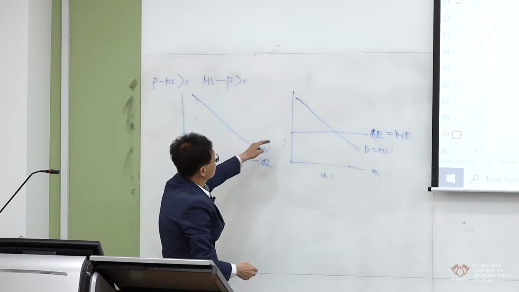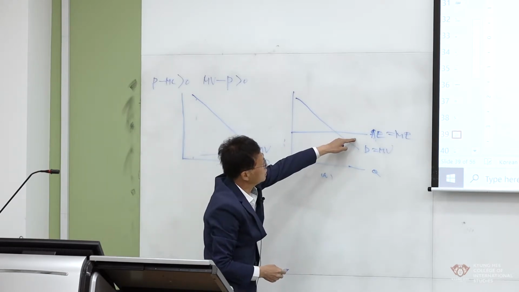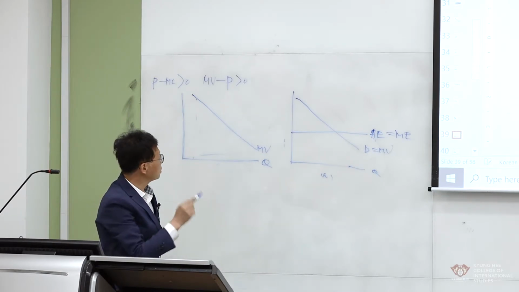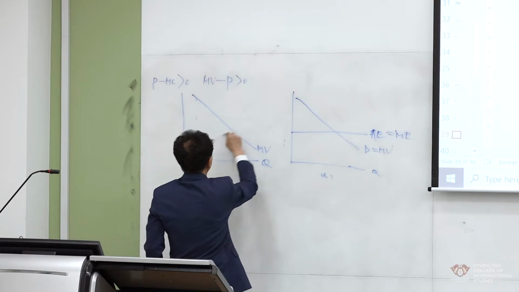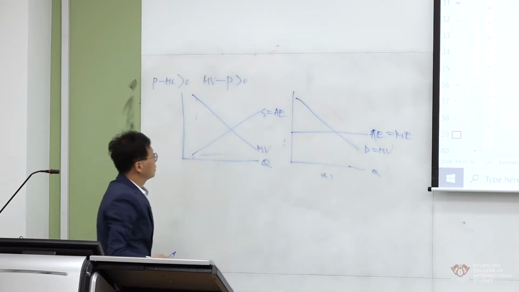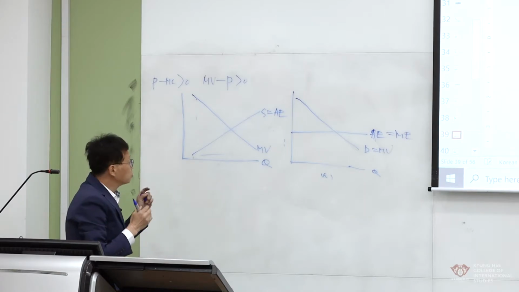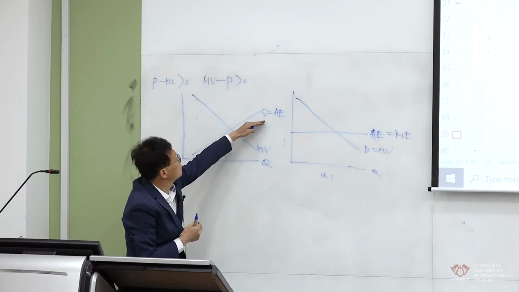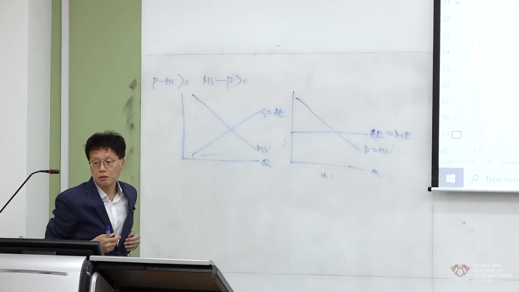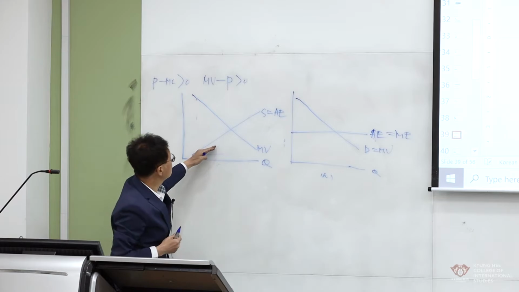But average expenditure and marginal expenditure are different. In the monopsony case, the supply curve is the usual supply curve, that is, the average expenditure curve. The buyer faces an increasing average expenditure curve, or supply curve. Like this, average expenditure increases.